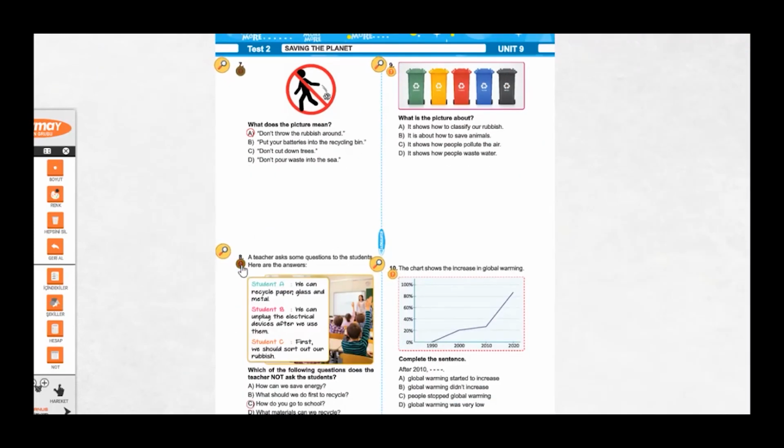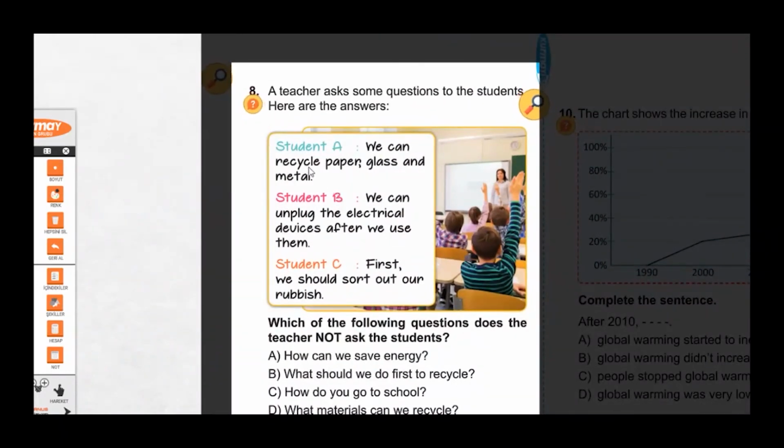Number 8. A teacher asks some questions to the students. Here are the answers. Student A, we can recycle paper, glass, and metal. Student B, we can unplug the electrical devices after we use them. Student C, first we should sort out our rubbish.